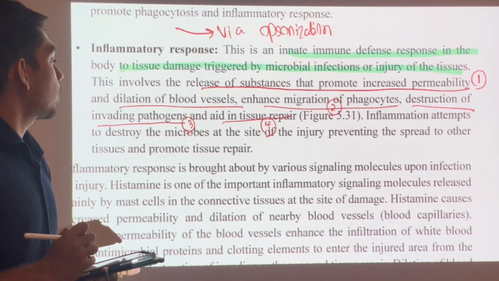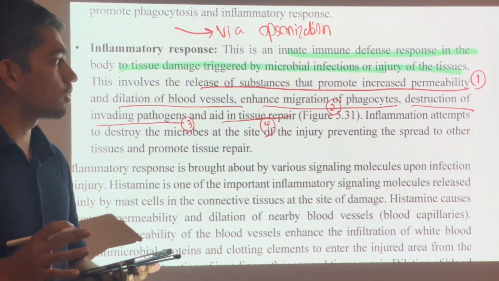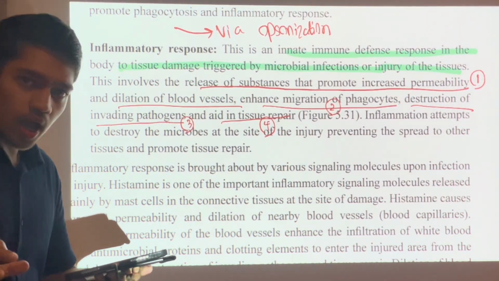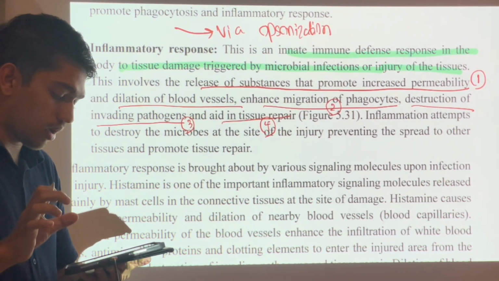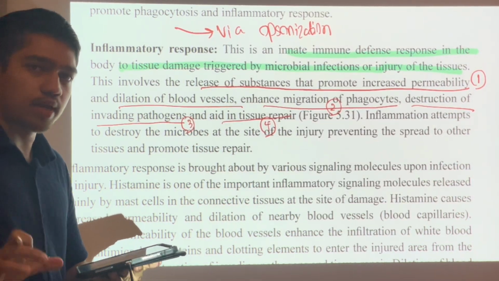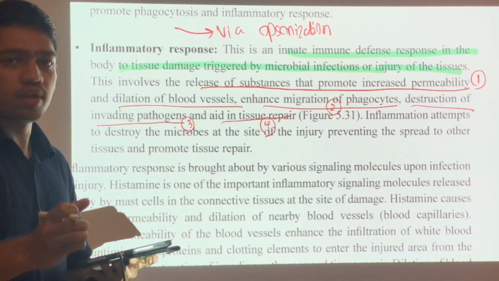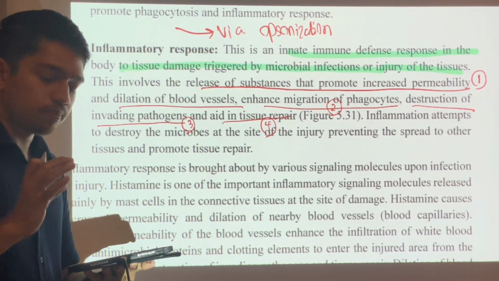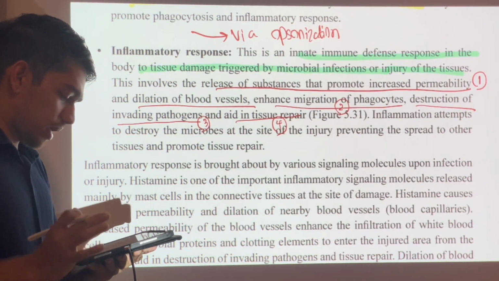So think of this as a battlefield. The body is trying to isolate the invading enemy into a small area without allowing it to spread, and it's trying to solve the problem in that area. So it's going to put all the defenses, everything it has, into a small area, and that area is going to be a massive battlefield.